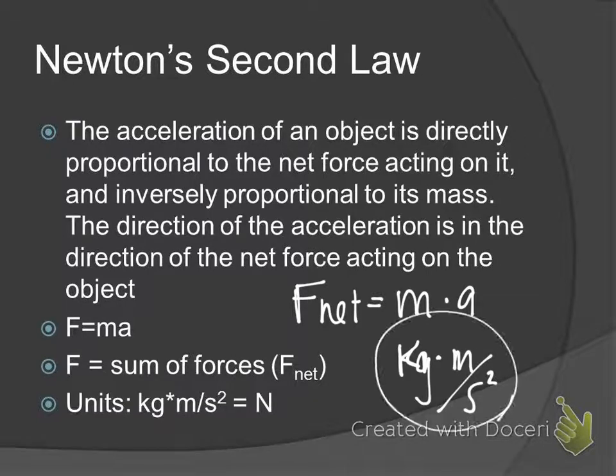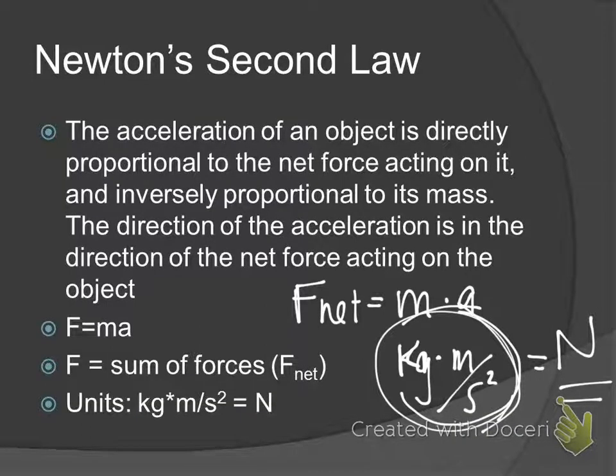They condensed this unit right here and they called it a newton. So 1 kilogram times meters per second squared is considered 1 newton. They just condensed this unit into a newton, which is much quicker than writing this whole thing every single time. But that's what a newton is. It's a kilogram times meters per second squared.